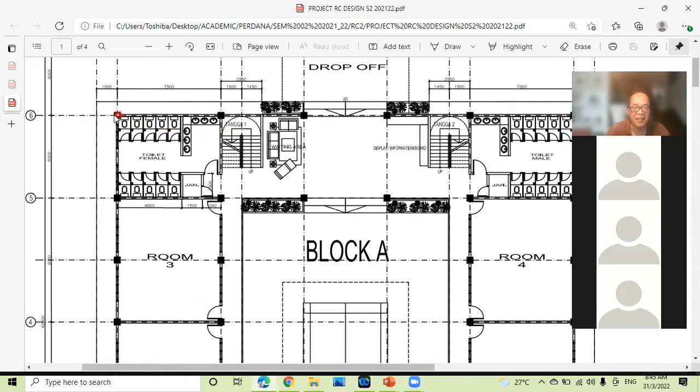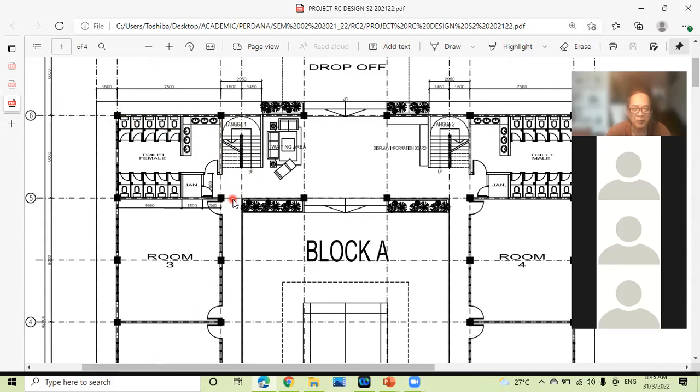So these black squares indicate the position of columns. It makes things a bit easier, because the architect has proposed certain column positions, and to our observation, the column positions are reasonably spaced. Reasonably spaced meaning that the columns are not too close together and not too far apart.